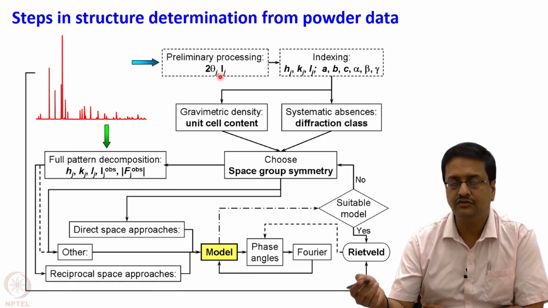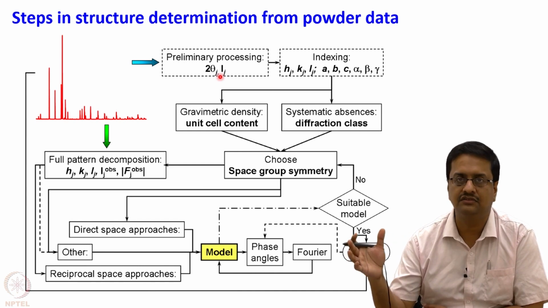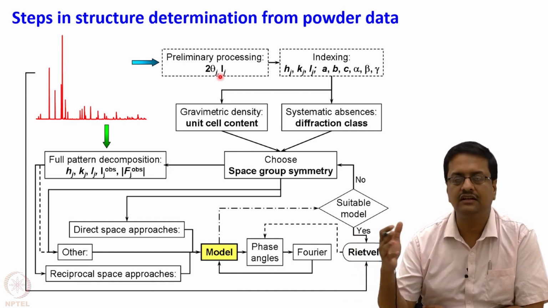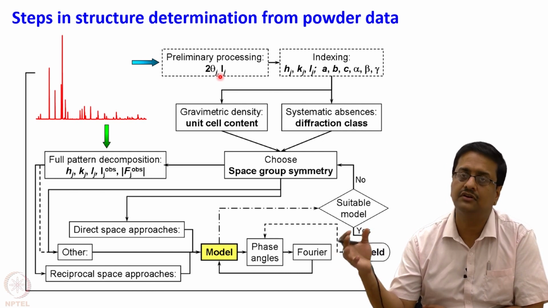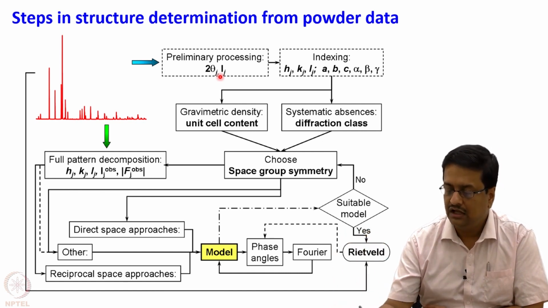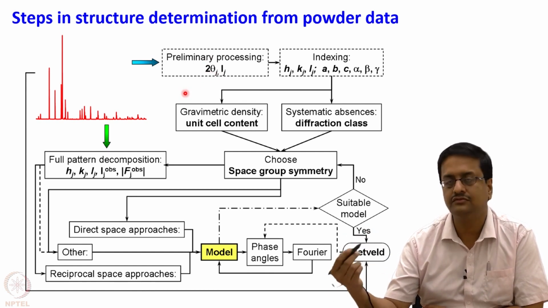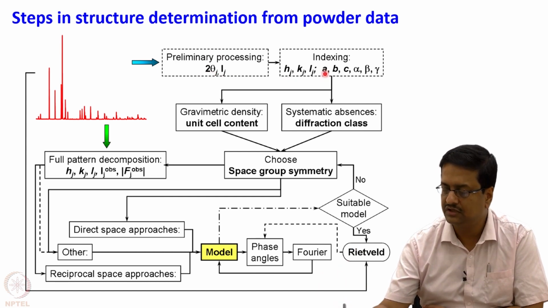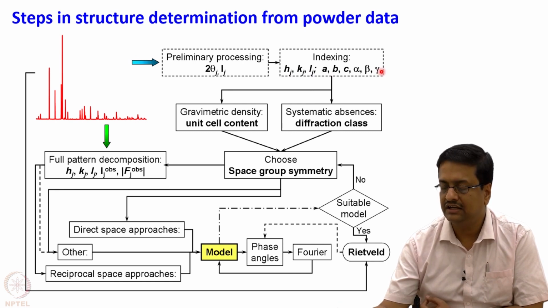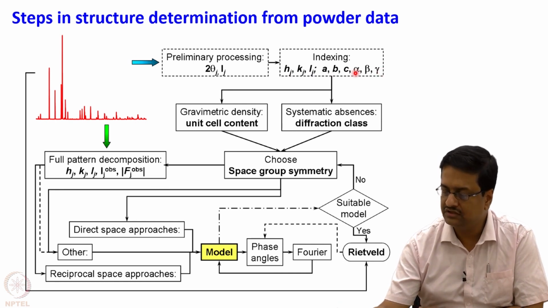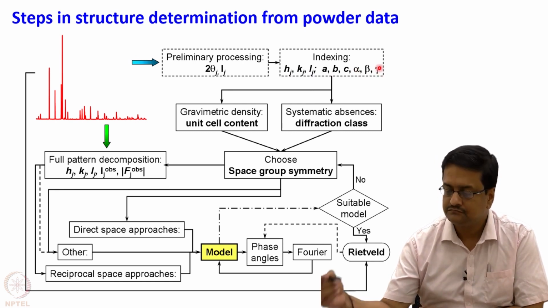In this case, we try to collect the data as much as possible, sometimes from 3 degrees to 100 degrees in 2 theta, even for organic samples, and then we feed all these 2 theta values, that is the d values, to a suitable indexing program and identify all the peaks with the corresponding Miller indices hkl and calculate the lattice parameters a, b and c with alpha, beta, gamma together.